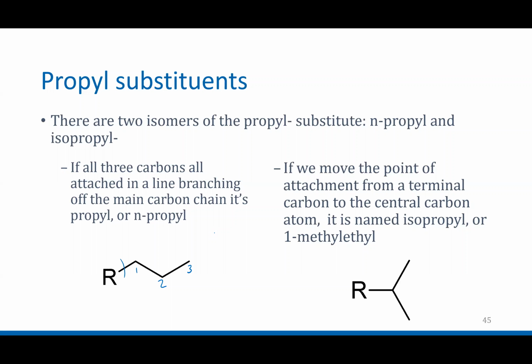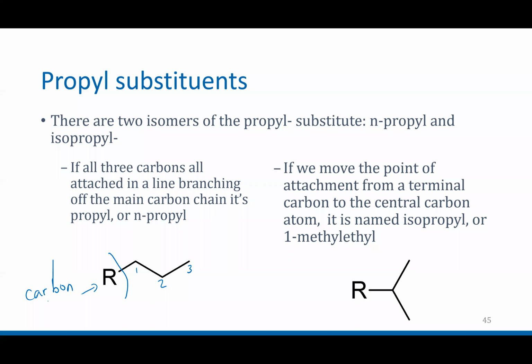Something really important to know, guys, is that R in our organic chemistry represents another carbon chain. So when I put R and the group here, I'm saying this is a group attached to a long carbon chain.